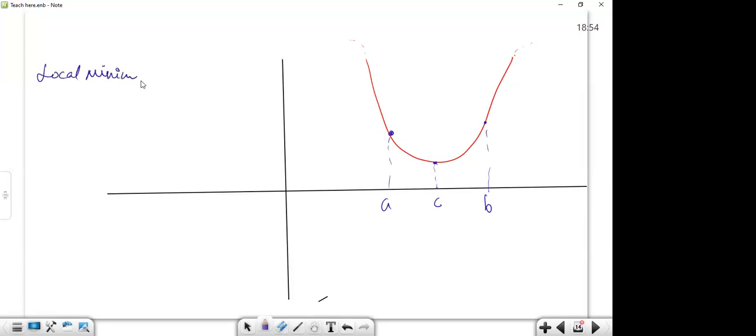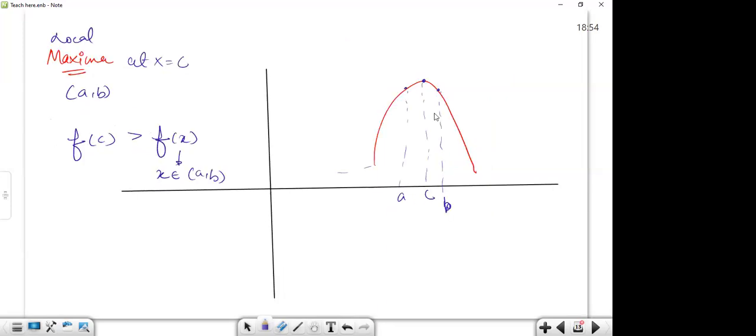The function is going through the minimum value locally in this period A and B, where x belongs to A and B, and f of C is less than f of x for all values of x belonging to A and B. We have already written this. So now, do you understand what local maxima and local minima are?